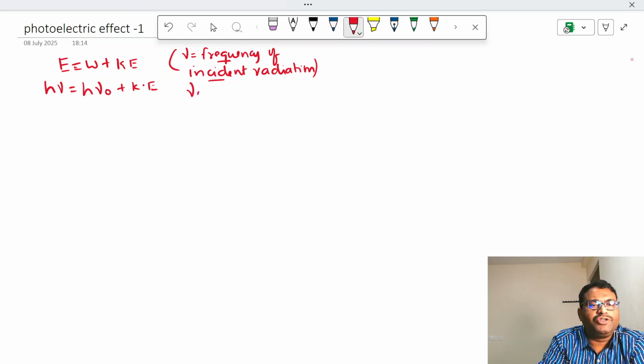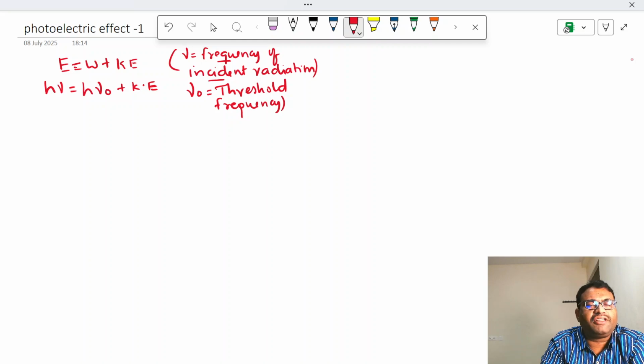What is nu naught? Threshold frequency. Why is that called a threshold frequency? Threshold frequency means the minimum frequency required for the electron to come out of the metal surface, and that is called the threshold frequency.